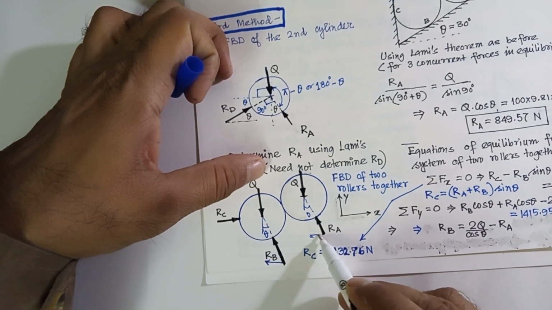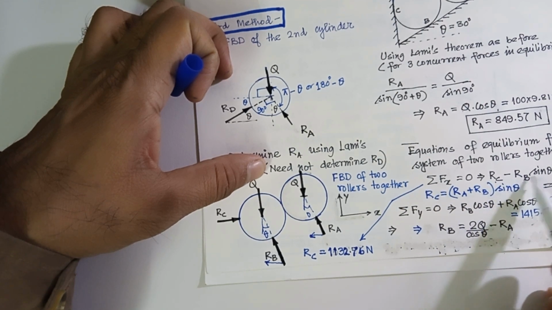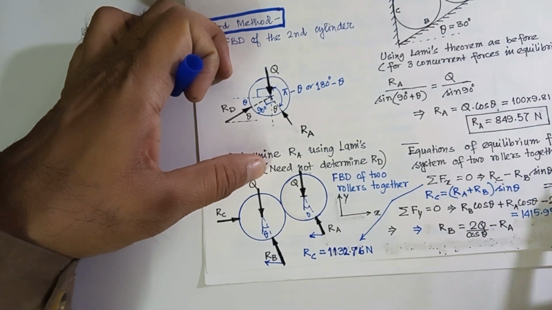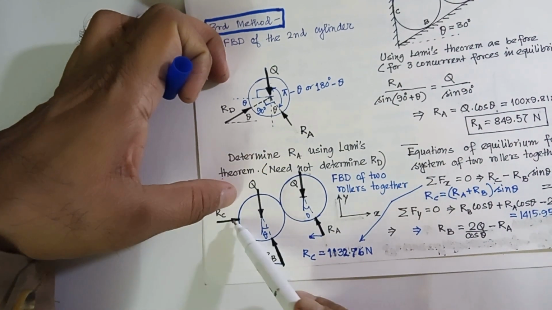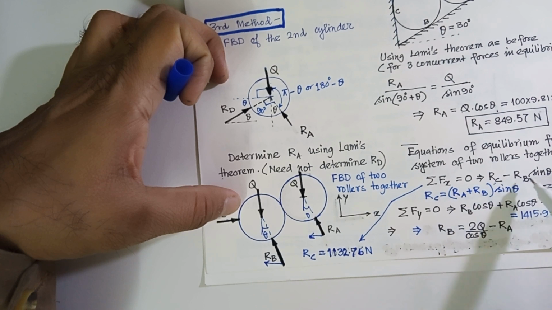Component of RA in the horizontal direction will be RA sin theta. So RC minus RB sin theta negative direction, RA sin theta negative direction. This is positive, this is negative, this is negative. Therefore RC minus RB sin theta minus RA sin theta is equal to 0. From that I can write that.